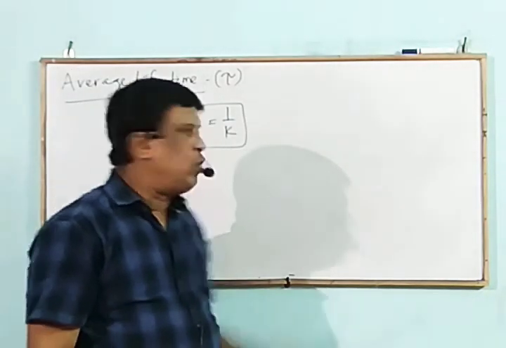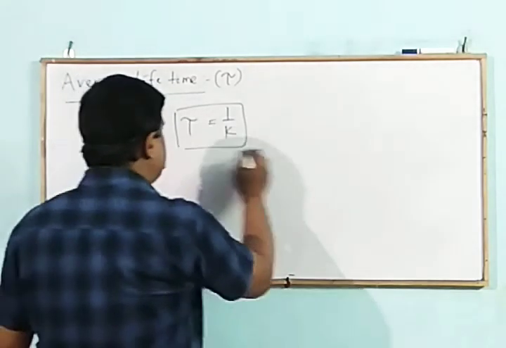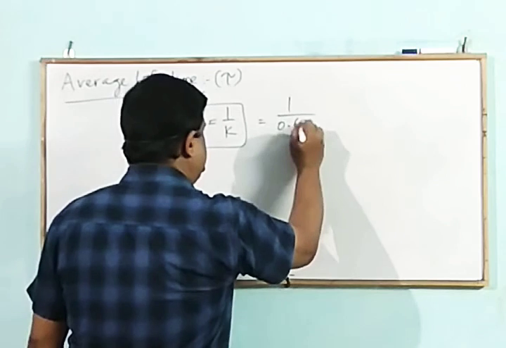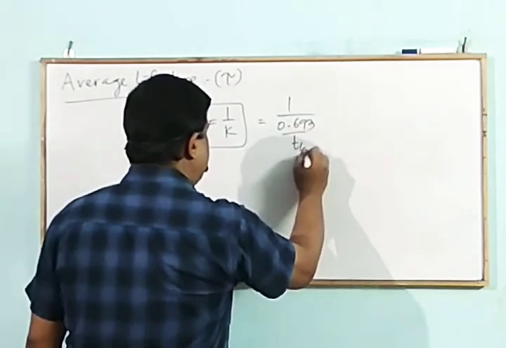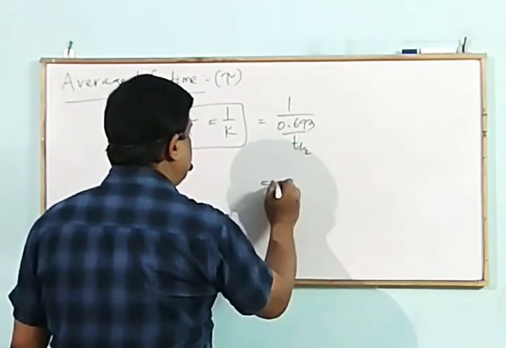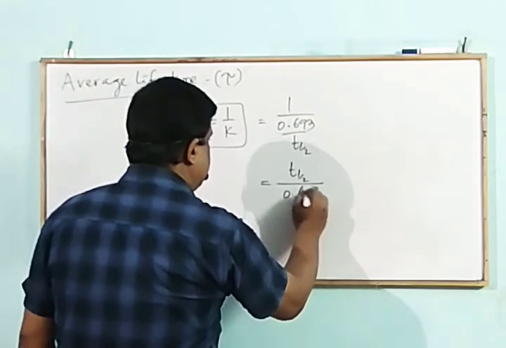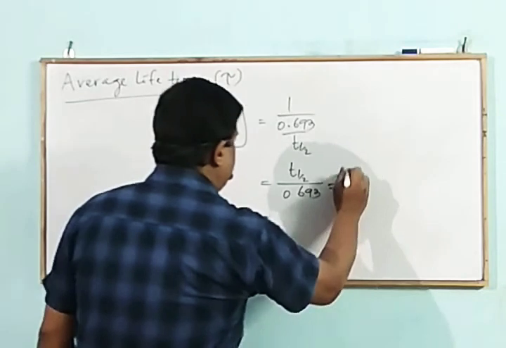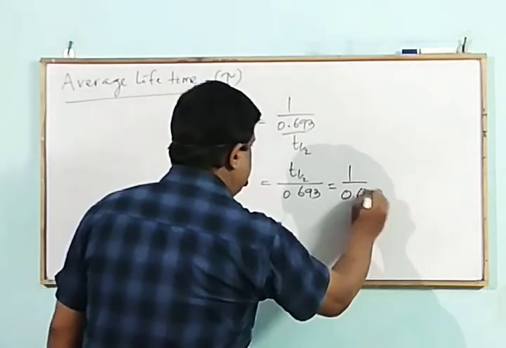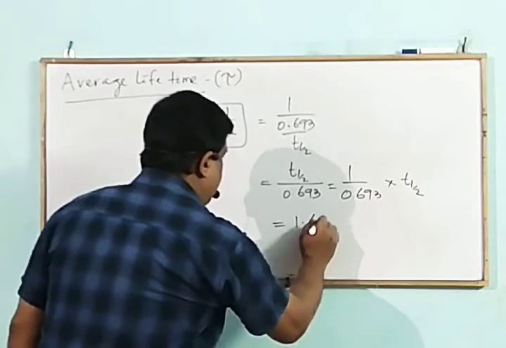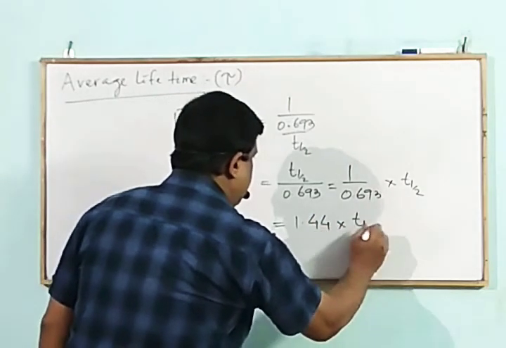If we put the value of the rate constant, K equal to 0.693 by t half, then tau is equal to t half by 0.693, that is 1 by 0.693 into t half, which is equal to 1.44 into t half.